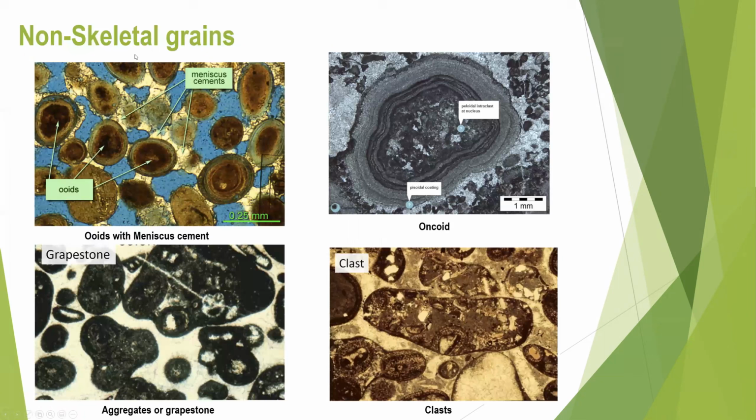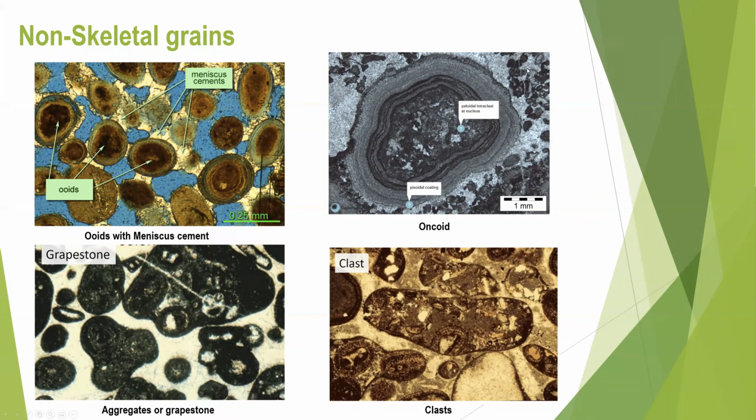At first, let's look at the non-skeletal grains. Ooids are spherical components with a size of less than 2 millimeters, and they are very important because they show the energy of the environment. When we have ooids, most of the time we have a high energy environment.